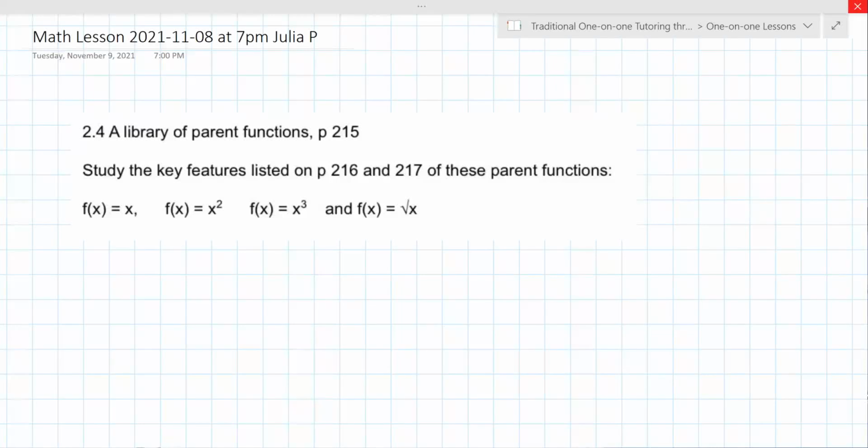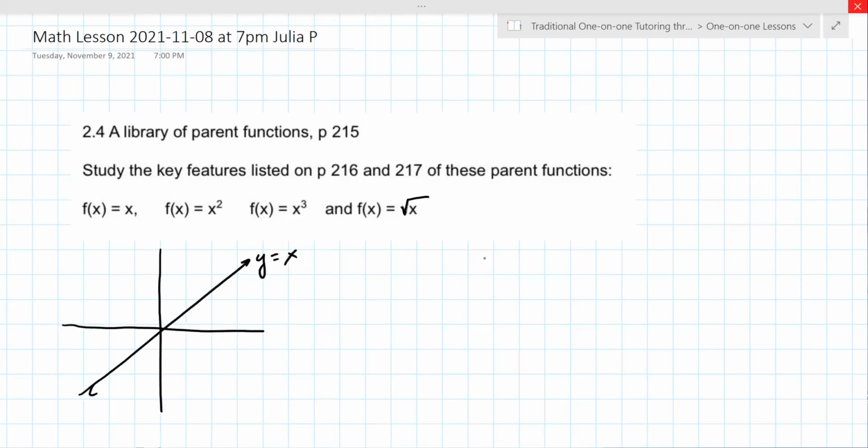Okay, so if you're seeing my screen, there are more parent functions than this, but these are the ones that you've listed here. Do you have a visual of each of these down? Like the first one, y equals x. The second one, y equals x squared.